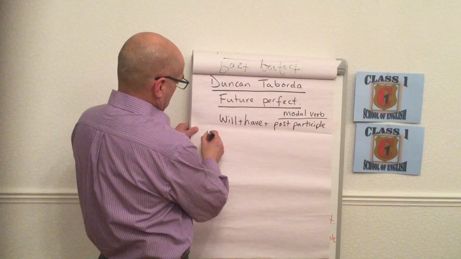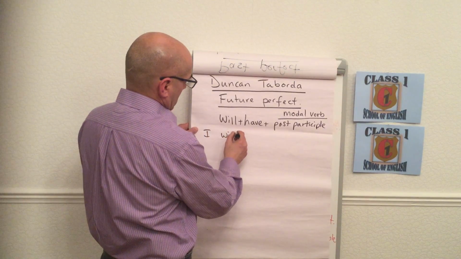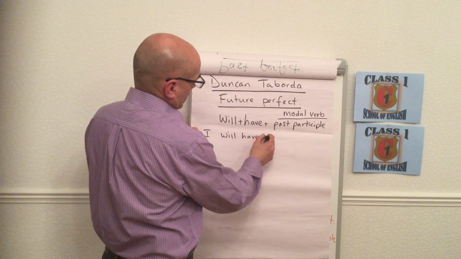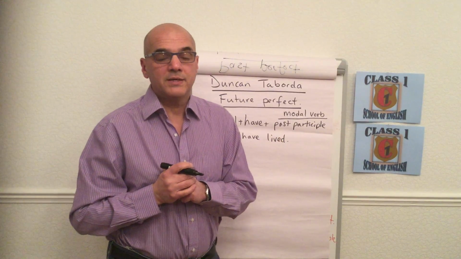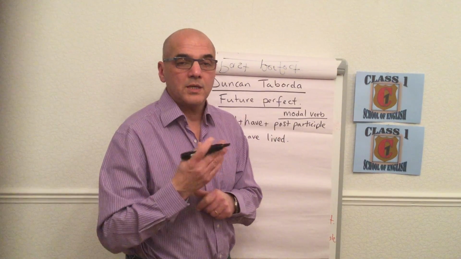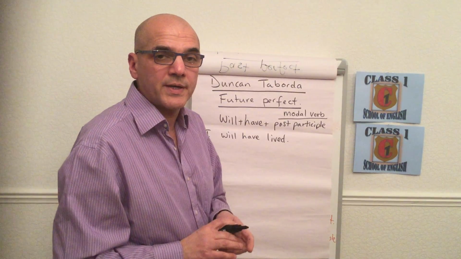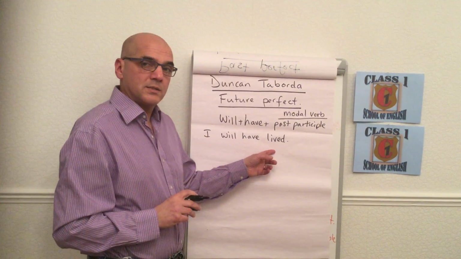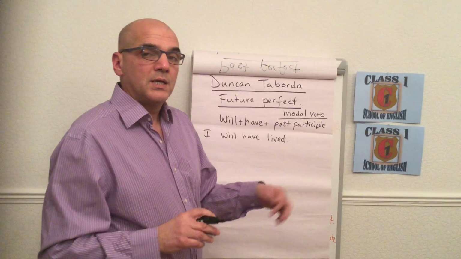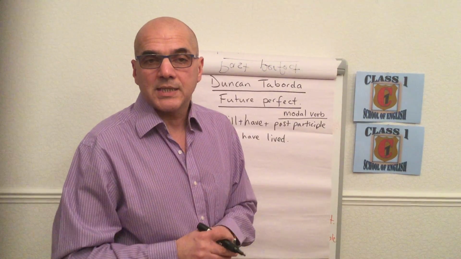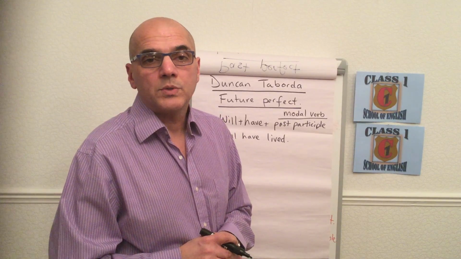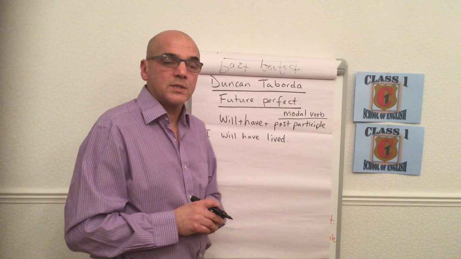So, I will have lived. Okay, there you have, that's the form of the future perfect. Now let's use that same sentence with something else in the future, and then you'll understand why we use the future perfect, okay?